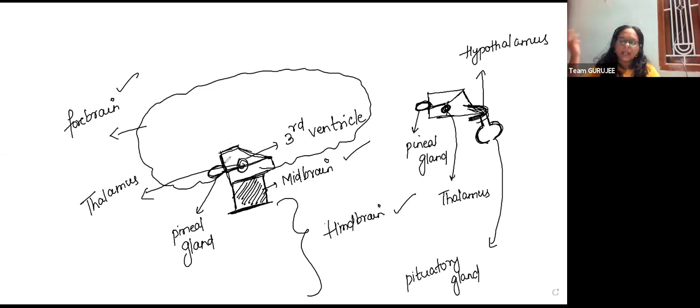At the back, it is the pineal gland. On both sides, it is the thalamus. In the front, it is the hypothalamus. To the hypothalamus, there is another gland attached, called the pituitary gland. Please draw this, then I'll tell you one more thing.